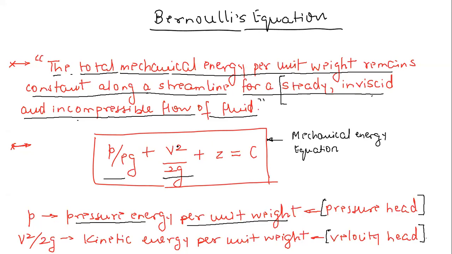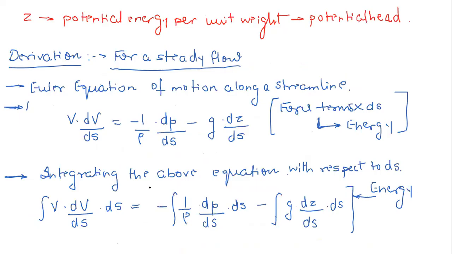You can even call it kinetic head as well, but it is usually referred to as velocity head. The last one is potential energy per unit weight. This term Z represents potential energy per unit weight, and usually we call this potential head.